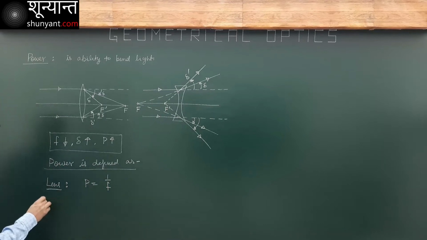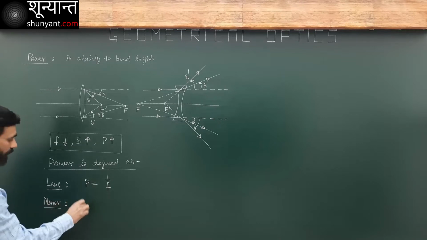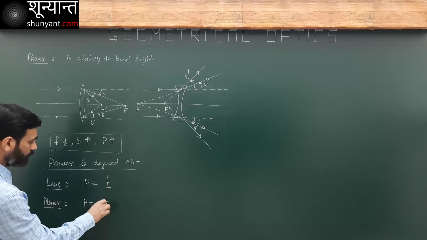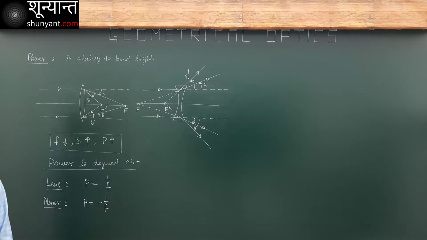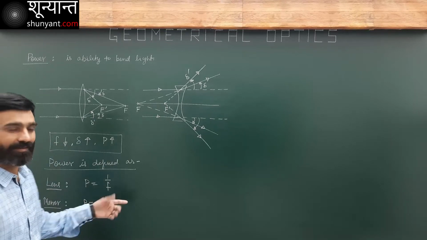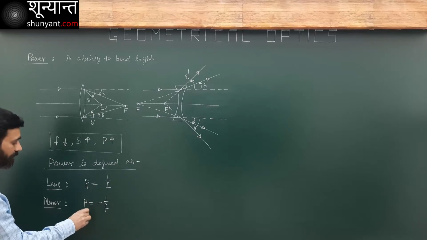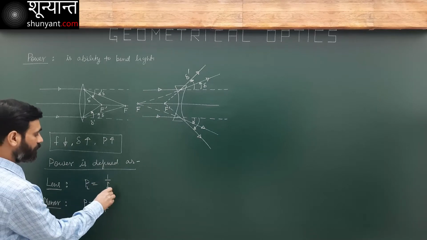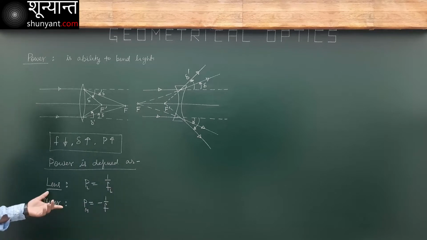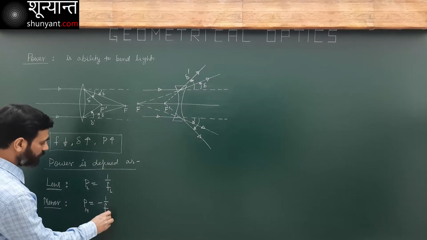And for a mirror, power is defined as minus 1 over F. Minus, keep this thing in mind. This is the power of a lens, the power of a mirror. Power of a lens is 1 over the focal length of the lens. Power of a mirror is minus 1 over the focal length of the mirror.